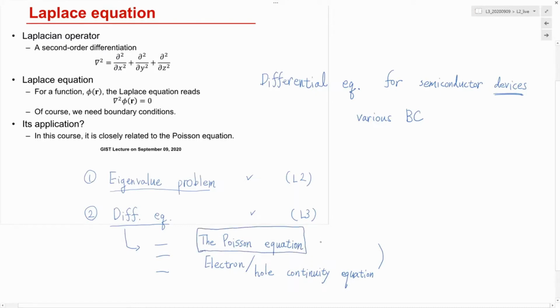But even the Poisson equation is not easy enough to start from scratch, so let me start with an even simpler one, the Laplace equation, in today's lecture, lecture 3.